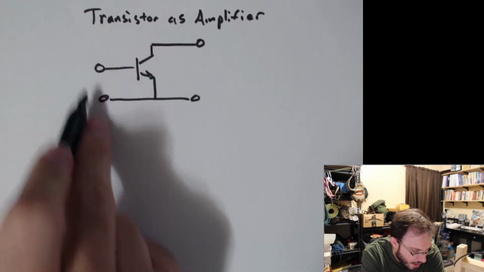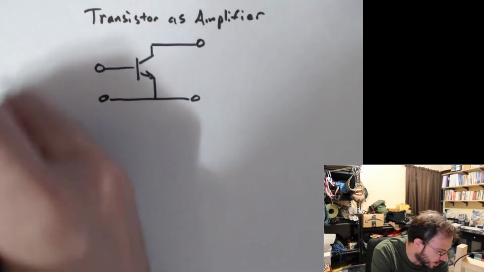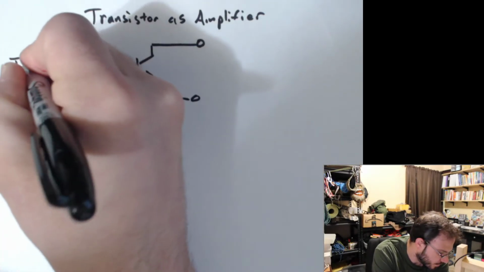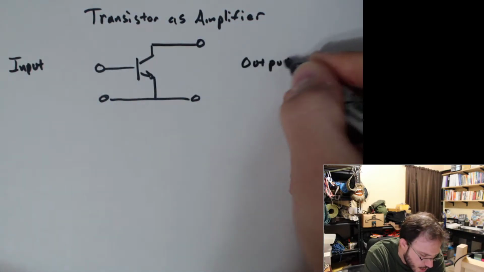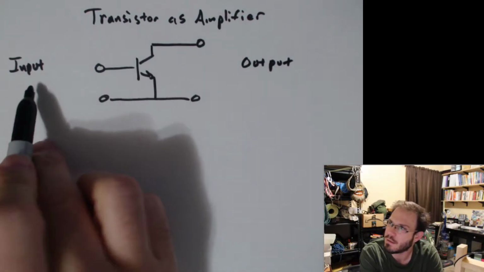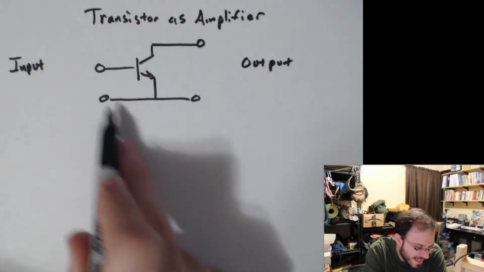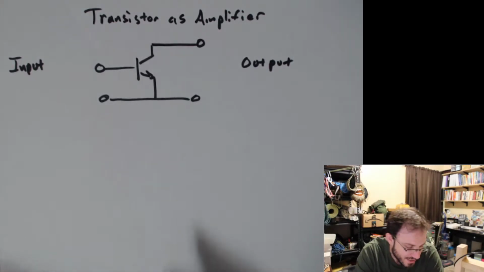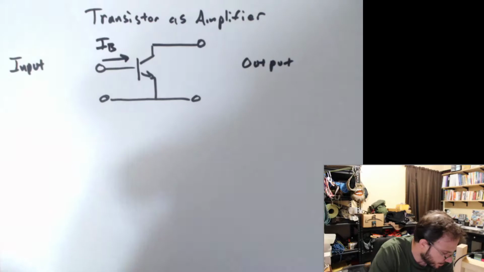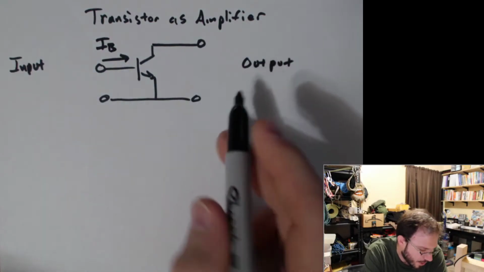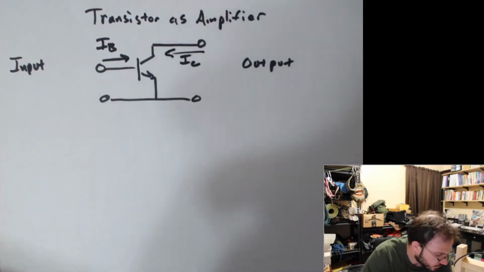If you think about it, if I have both the input and the output referenced to ground over here, you can think of this transistor as having an input and having an output. That's exactly what we're going to be doing. Now, our input in this case is really just the base current, and the output is actually the collector current flowing in this direction.